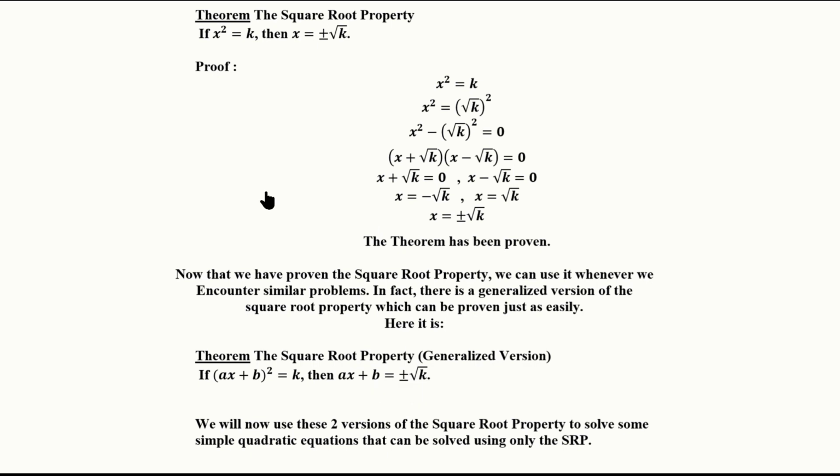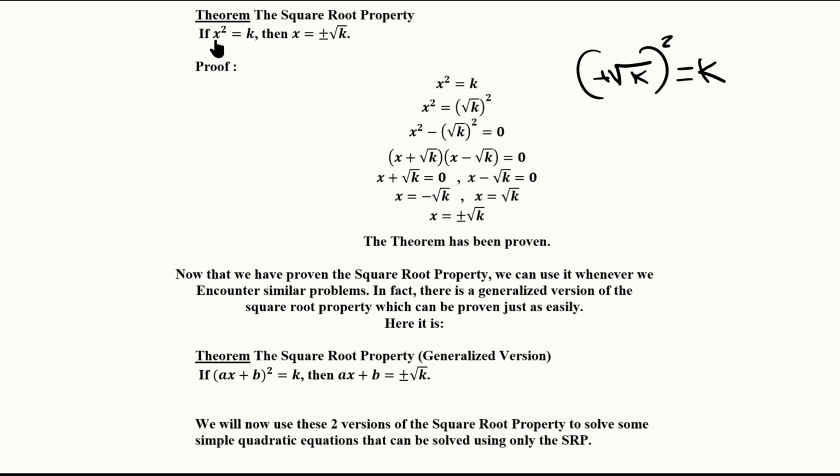And of course, what you need to keep in mind more than anything else is that the square root property, even though it's something we're formally proving here, is also just common sense. Because notice that if you take the positive square root of k and square it, of course, you end up with k. So that means positive square root of k satisfies this equation.